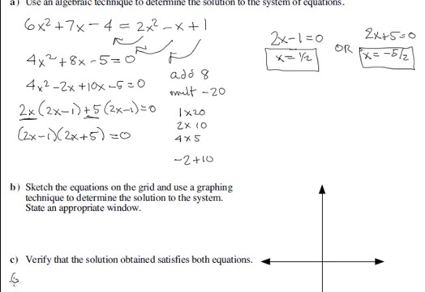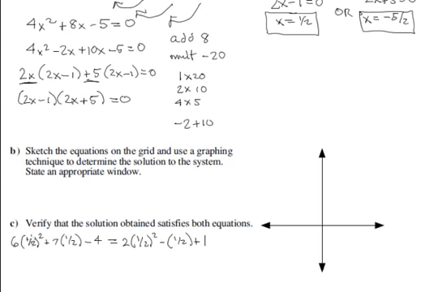You would have to do 6x squared plus 7x minus 4, and that equals, we hope, 2x squared minus x plus 1. How does that come out?